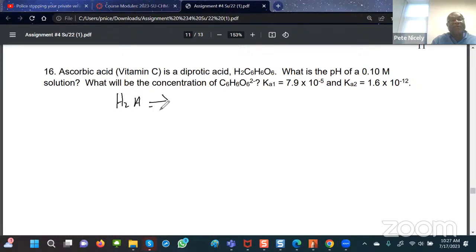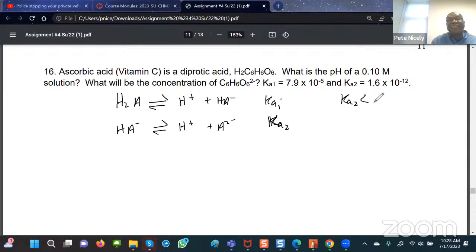So this is the equilibrium for the release of the first hydrogen ion, and Ka1 would be the dissociation constant for that. And then for the second hydrogen ion, this is the equilibrium, and that's Ka2. So basically, Ka2 is going to be less than Ka1.